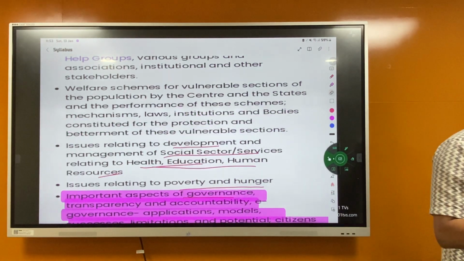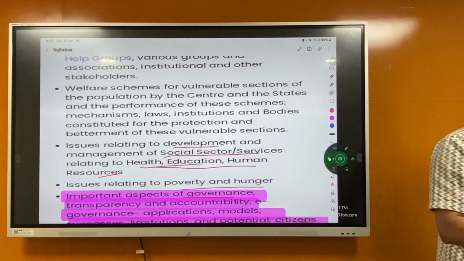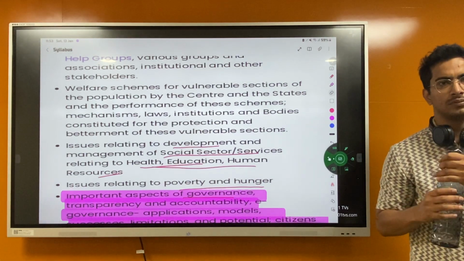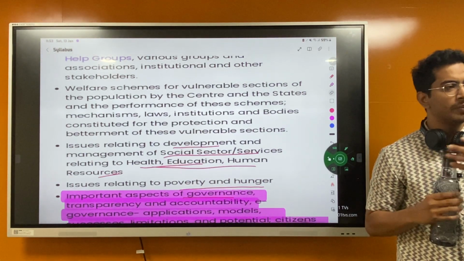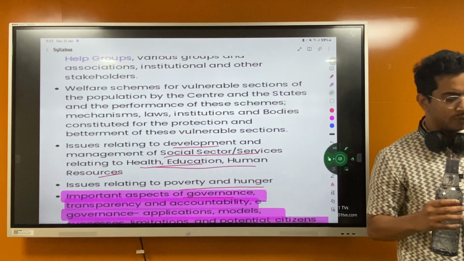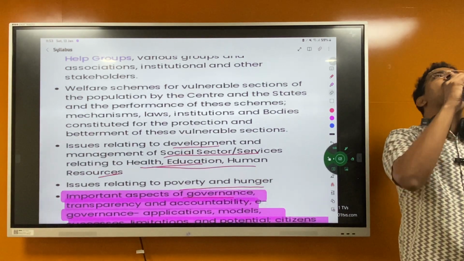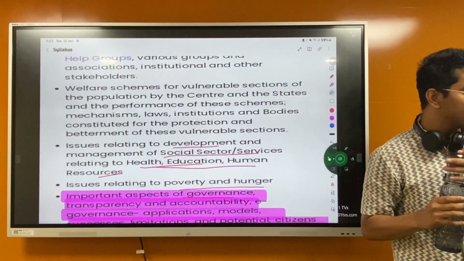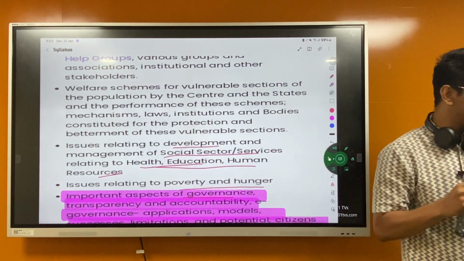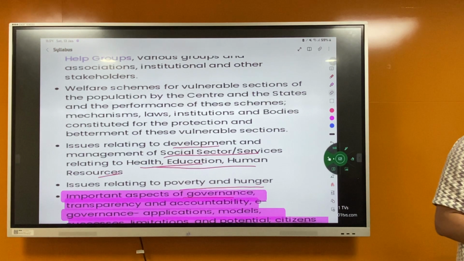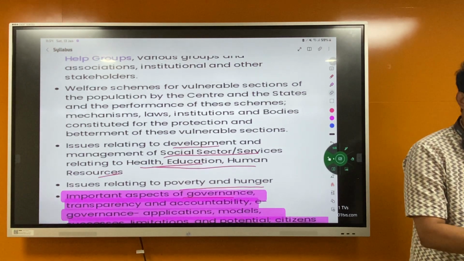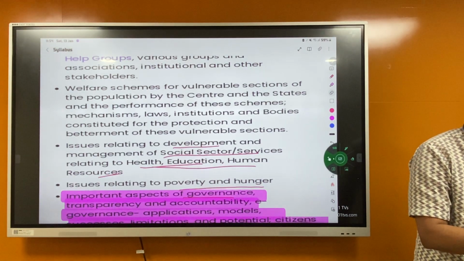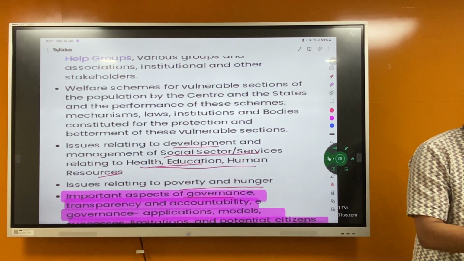So can you tell me any welfare scheme? Any? Okay, name any. Like, what are the welfare schemes? You can talk about MGNREGA also. Like Jeevan Jyoti Yojana or Ayushman Bharat.